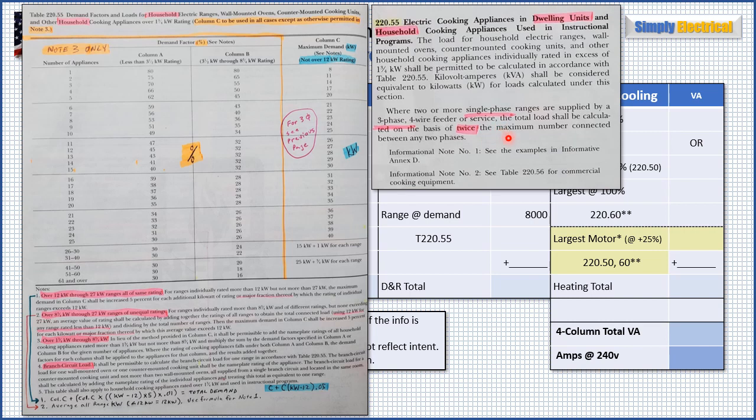We're not going to deal with that in this video because that is generally only going to be applying to a multifamily dwelling. And I have another video that discusses that, and I'll go over that in detail when we get there. And then again, there's some examples in Annex D that you can go to help you see how these calculations are put into practice.